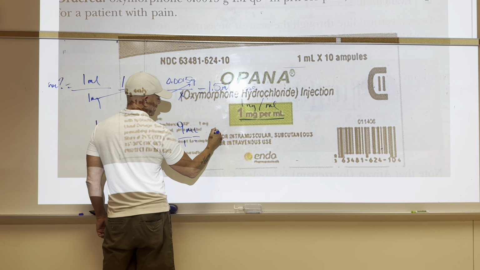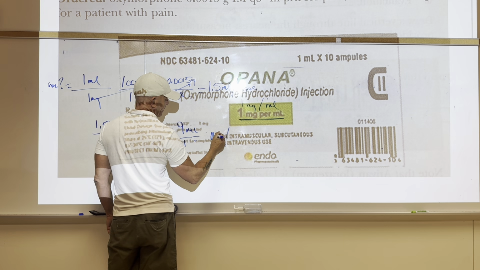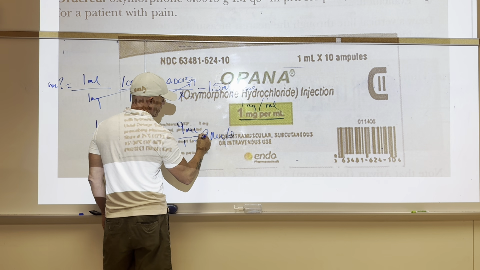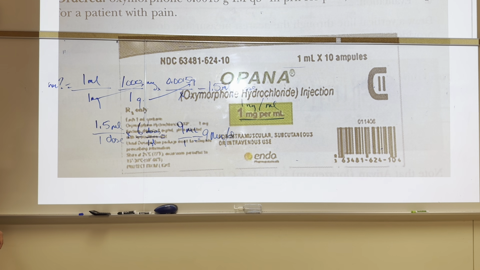That's how many mLs you're going to give per day. 9 mLs per day. Okay? If we went with every 4 hours. If you went with every 3 hours, it would be a little bit more because 3 goes in 24 8 times, right? So it'd be 8 times 1.5, and that gives you 12 mLs a day. Okay?